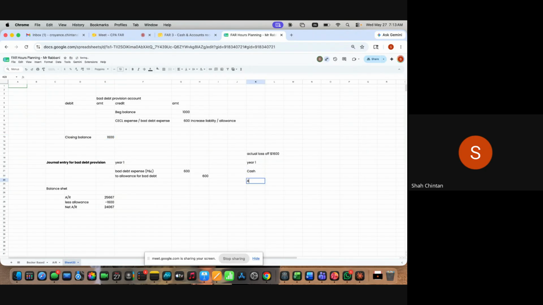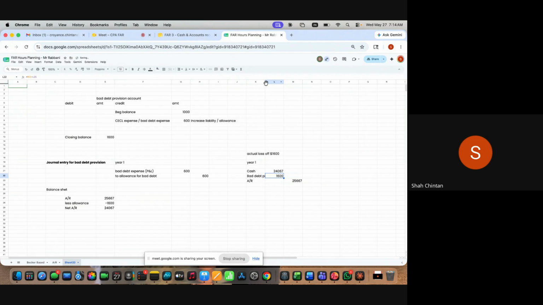Cash account debited, accounts receivable. So accounts receivable has a balance of 25,667. Customers are paying how much? 25,667 minus 1,600 written off. Now there is a difference. Now this difference will be adjusted against bad debt provision, which is your balance sheet account.